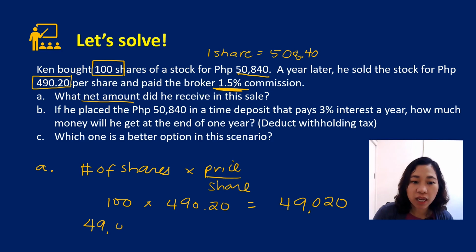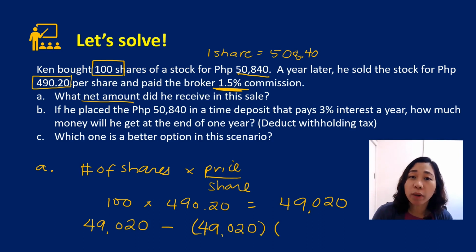From your 49,020 pesos, you still have to subtract 1.5% of that. What is 1.5% of that? 49,020 times 1.5% in decimal form. Don't forget to move two decimal places to the left.